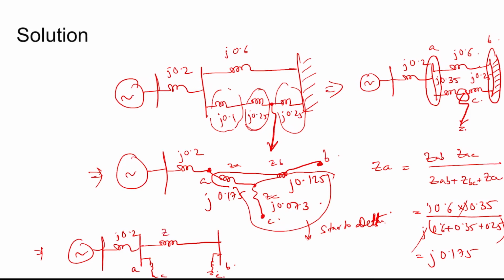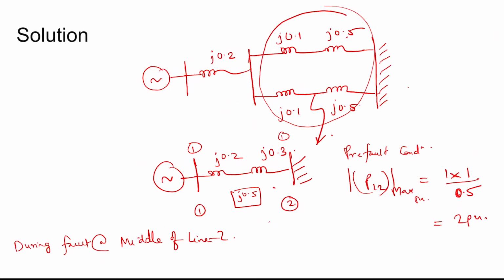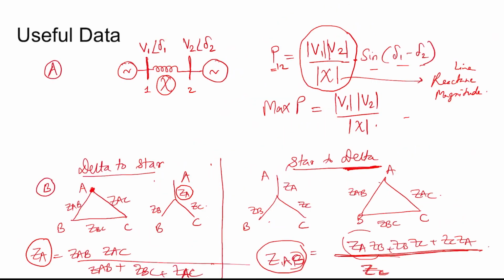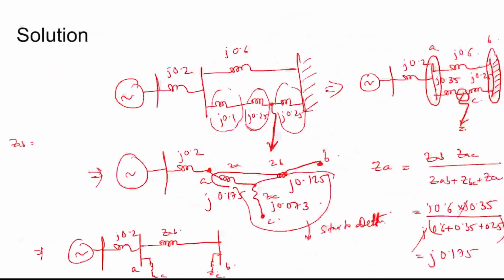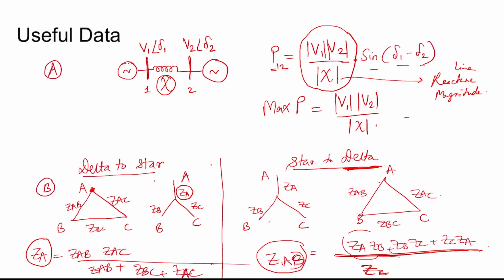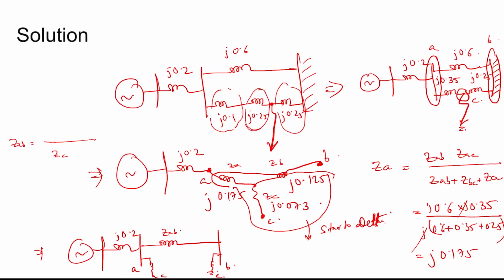This is ZAB. We want to find the delta from star. So the formula is, if this is ZAB, then ZC is in the denominator and the numerator is the two-term products in star: ZA ZB plus ZB ZC plus ZC ZA.